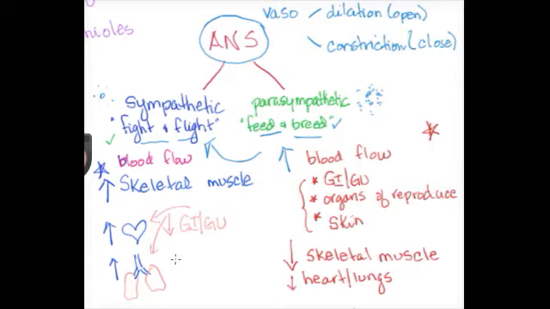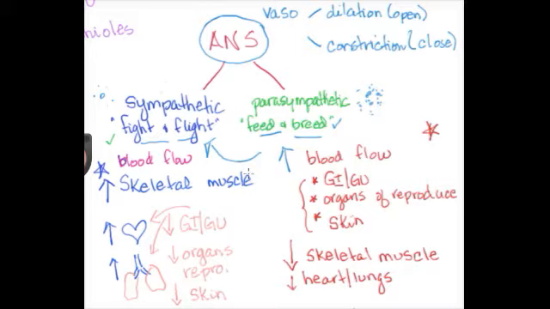And truth be told, you're probably not going to think about reproducing if you're fighting for your life. So it's going to reduce the blood supply to the organs of reproduction. We'll say repro. And guess where else? You really don't need a great blood supply to your skin to fight for your life. So you're going to have a reduced blood supply to your skin as well.